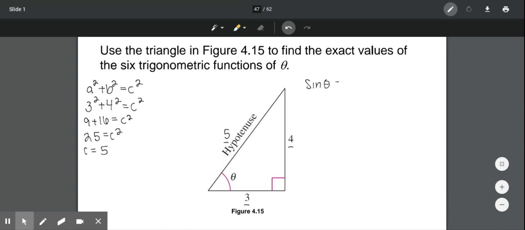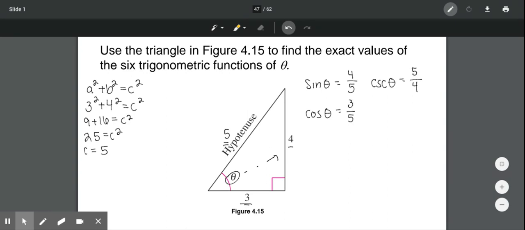So starting with our ratios, let's start with our sine. If this is our theta over here, our opposite side is 4 and our hypotenuse is 5. So we say sine is 4/5, which means the cosecant is the reciprocal. So the cosecant is 5/4. Cosine is the adjacent side, which is 3 over the hypotenuse.